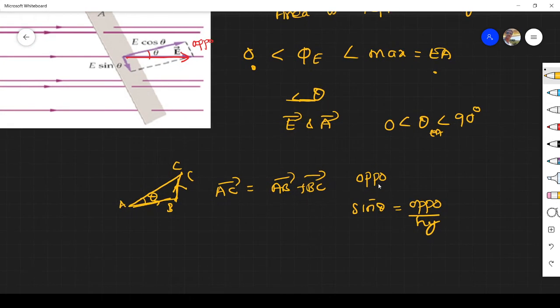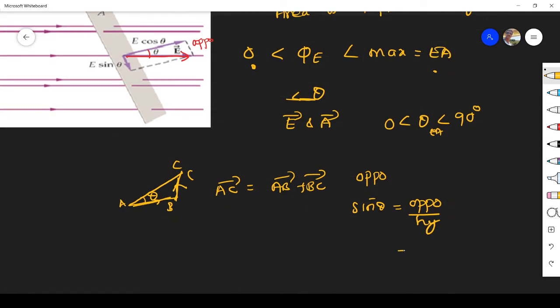So what is my opposite? I don't know; that's what I'm going to find. The hypotenuse is this E. So the opposite side is equal to E sin θ. Clear? This side is E sin θ, which means this side is also E sin θ. That's why it was put like this.